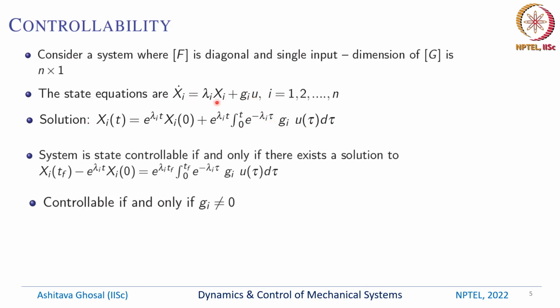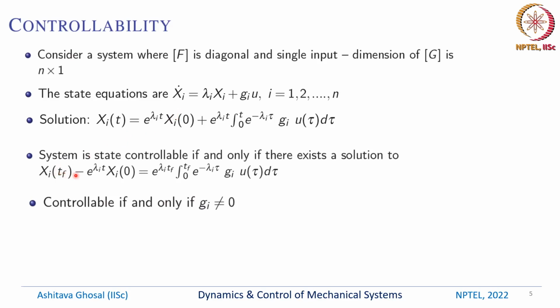Whenever we have a single non-homogeneous first order differential equation, the solution has one part which is from lambda i xi, which is the homogeneous part, and then there is one part which is due to u, which is the non-homogeneous part. So this is like a convolution, and this is the solution to the homogeneous differential equation.